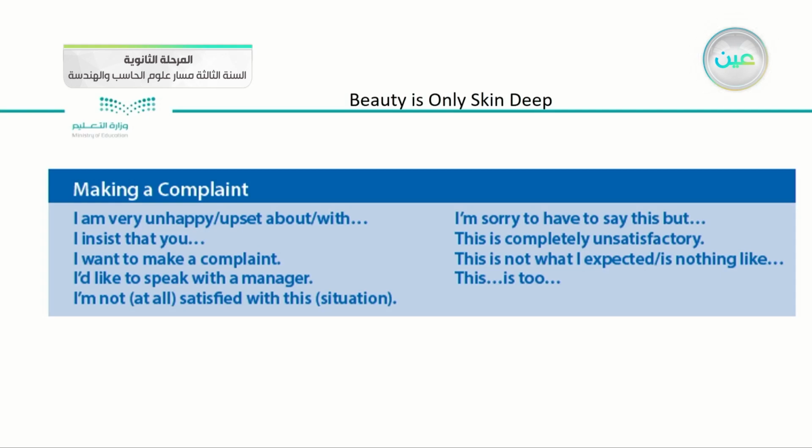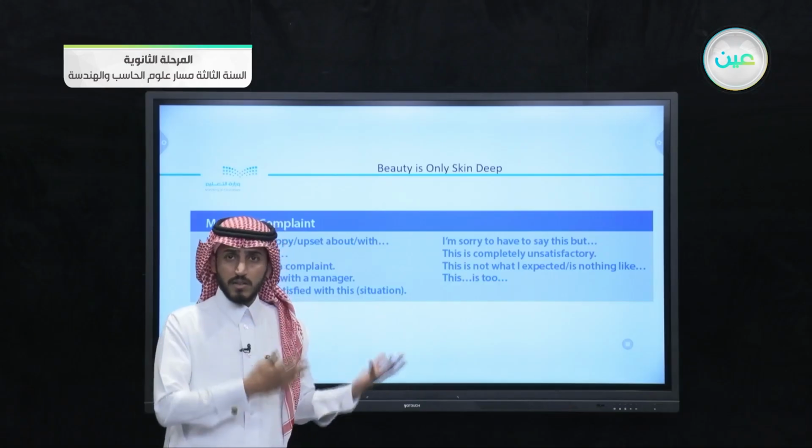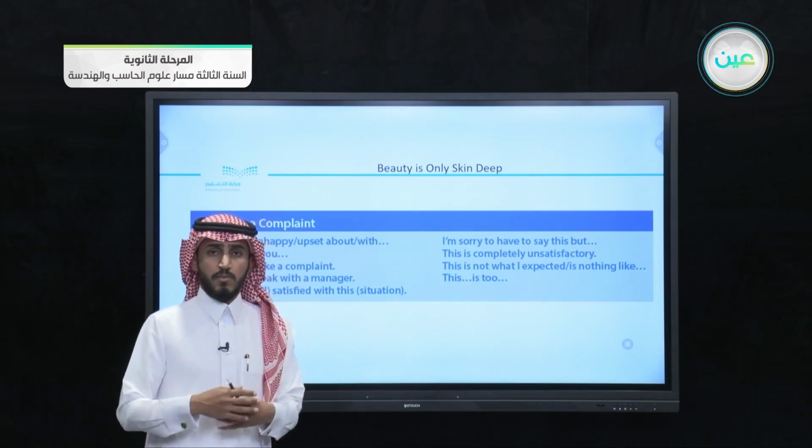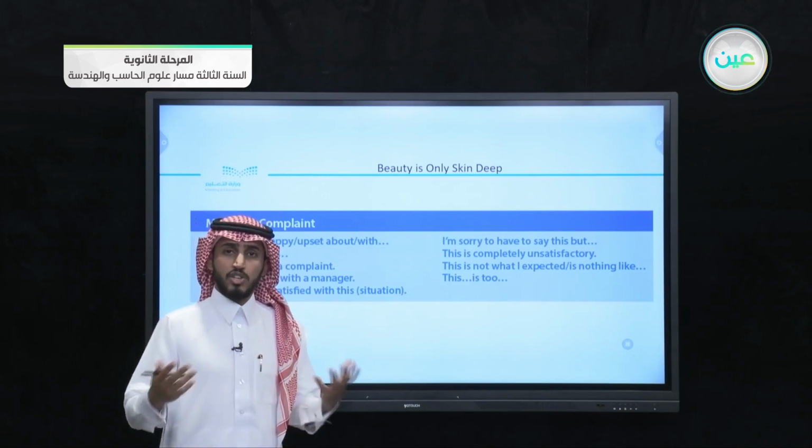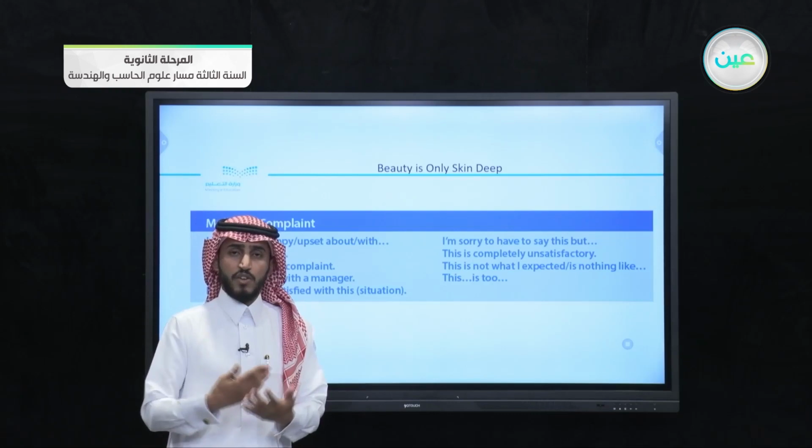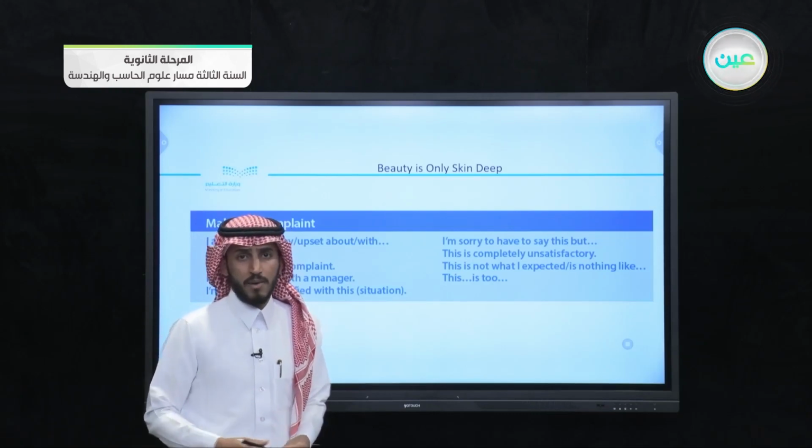All these are ways of expressing your complaint about something. These are not the only correct expressions, but they are suggested for you to use if you want to make a complaint about anything.